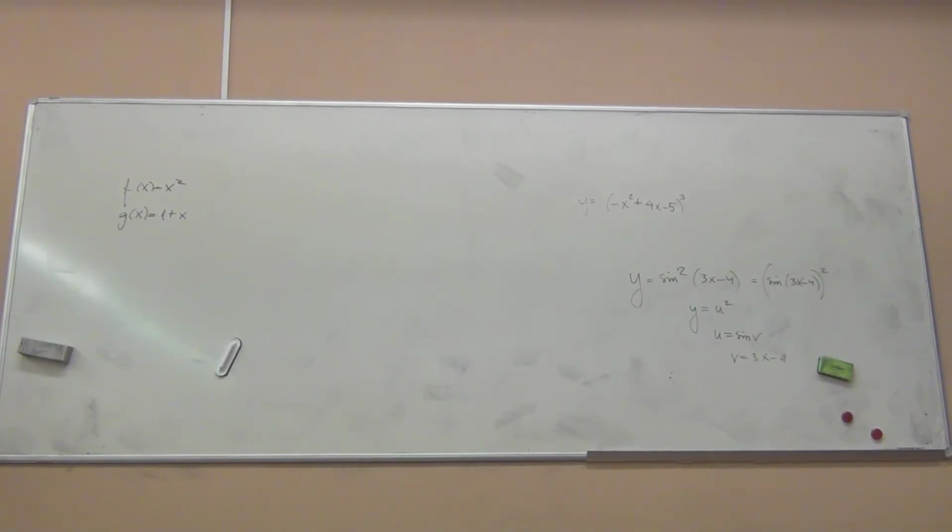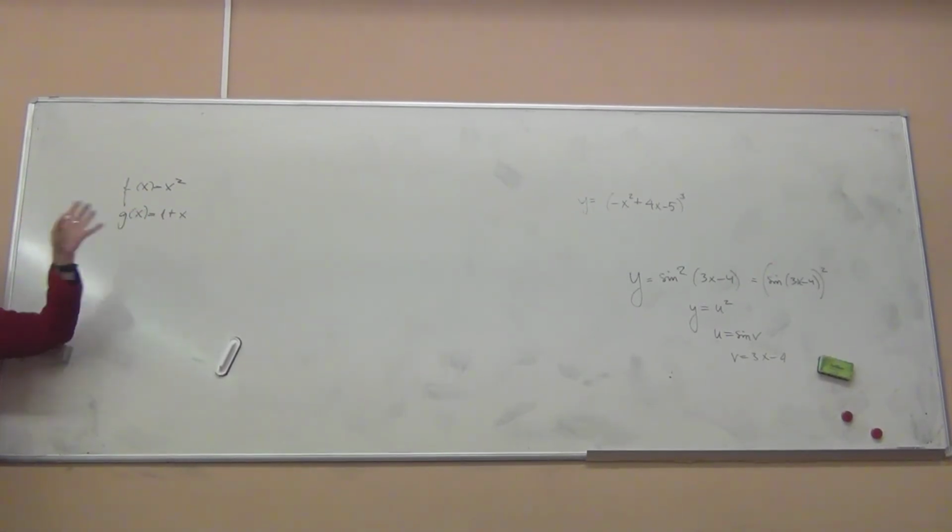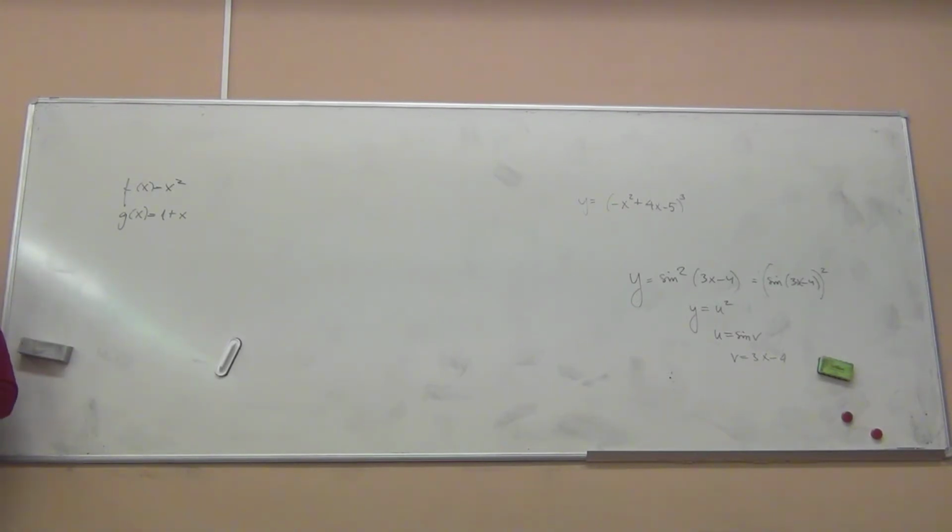So there we have no f of u where u is a function of x, for example. We didn't do that. Instead, we have f of x and g of x, and we have to perform different combinations, different compositions of these 2 functions.